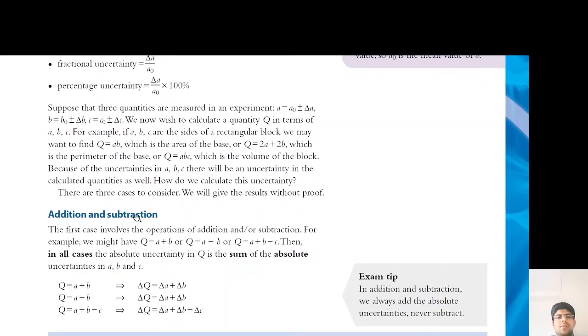Okay, so addition and subtraction. The first case involves the operations of addition or subtraction.